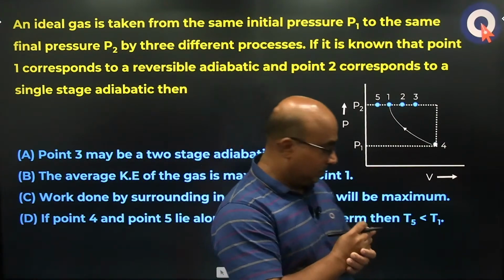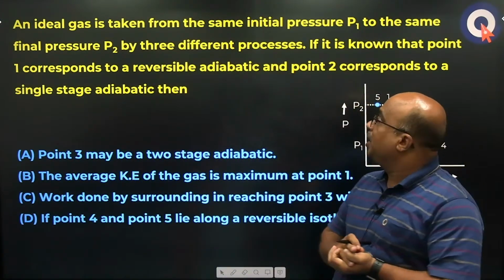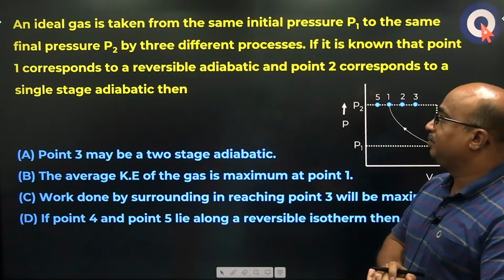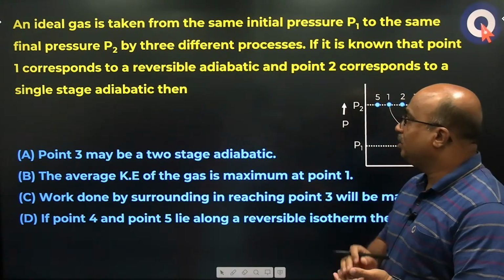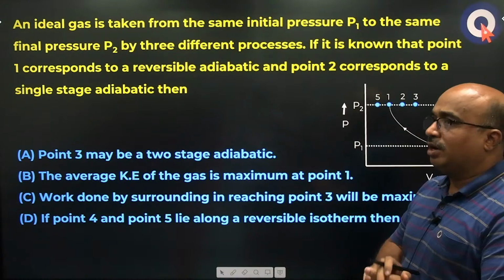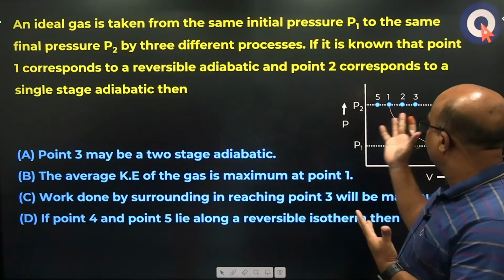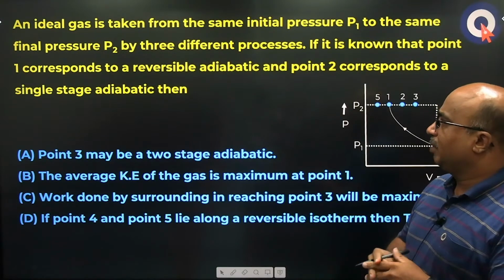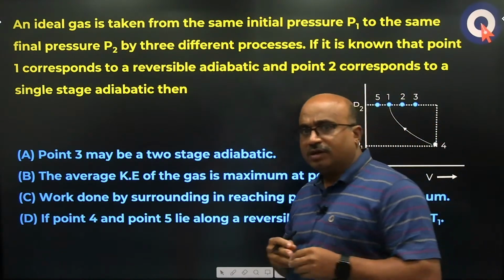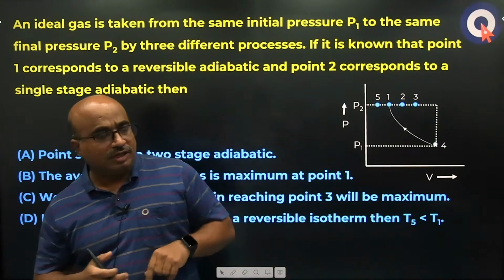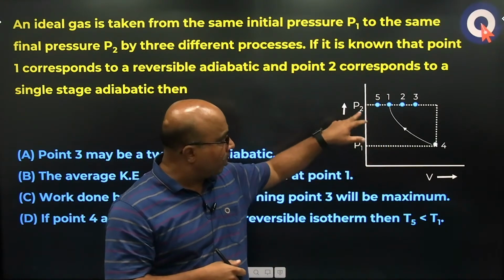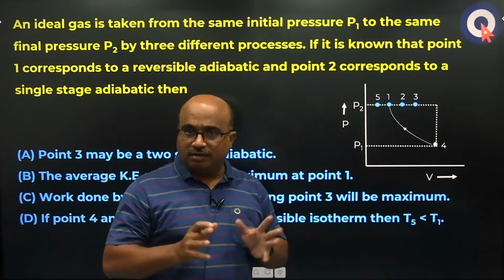An ideal gas is taken from the same initial state P1 to the same final pressure. We are going in 3 or 4 different processes. One process is already defined and represented. We are going here from 4 to 1, that is already done.